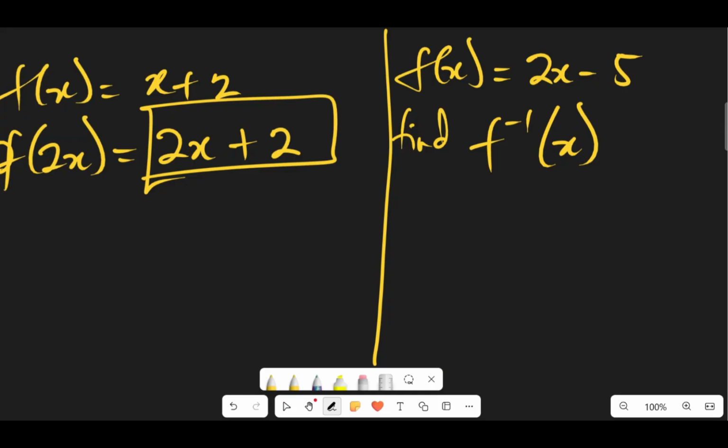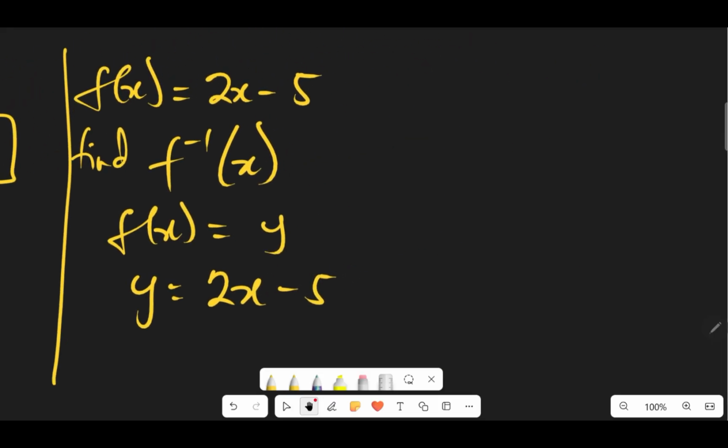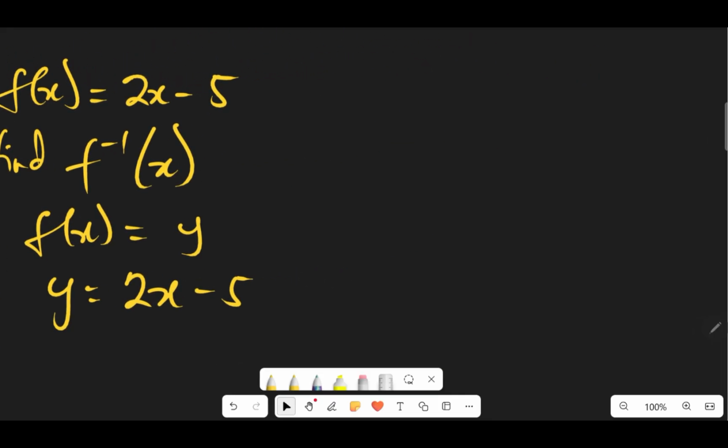Is that okay? Now we know that f of x also is equal to y. So we are going to say y is equal to 2x minus 5. And we know that we are finding f prime of x, or y inverse. So we are going to find the value of x as far as this y is concerned.